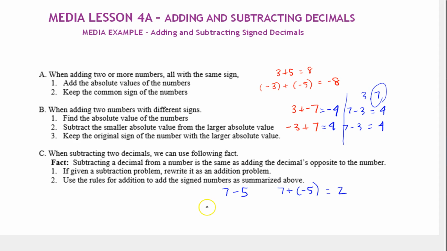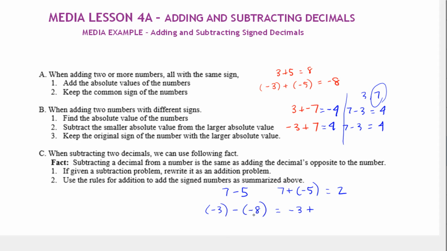However, if I had negative 3 minus negative 8, I would probably rewrite this as an addition problem. And it's mostly the minus and negative can get a little bit cumbersome. So this is equal to, based on this fact, negative 3 plus, change this to addition, take the opposite of this number.